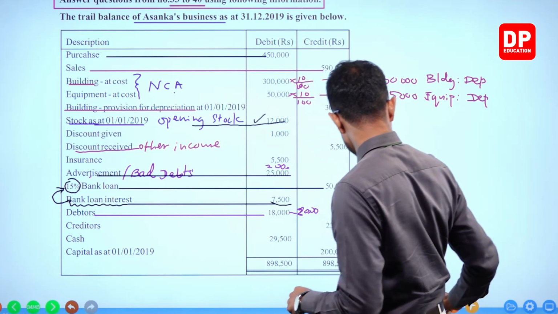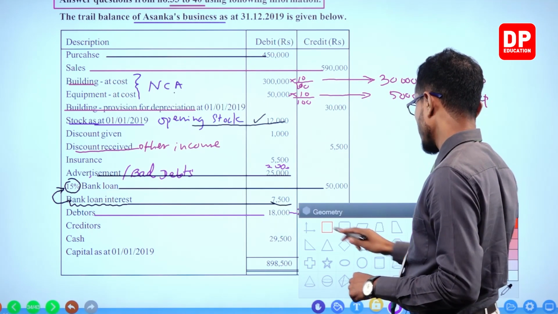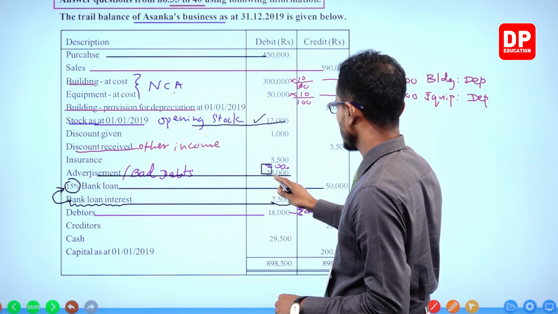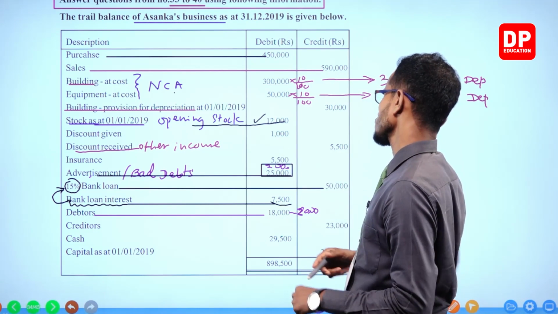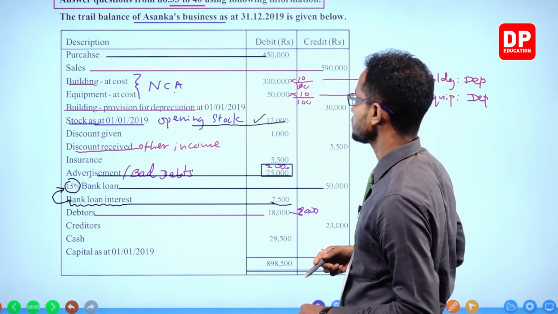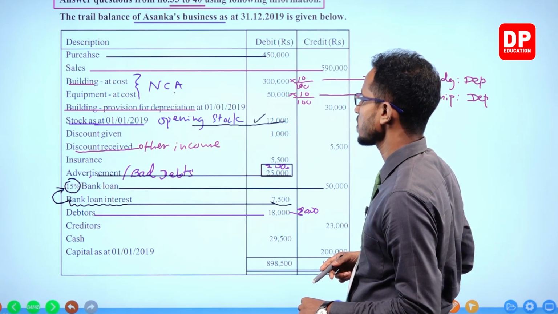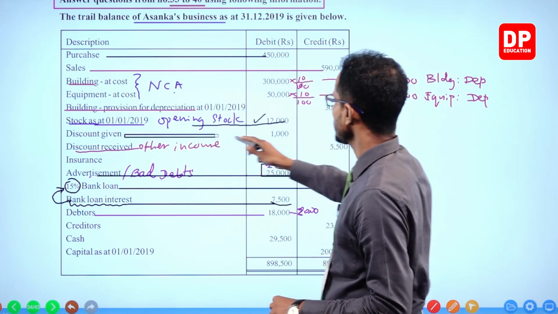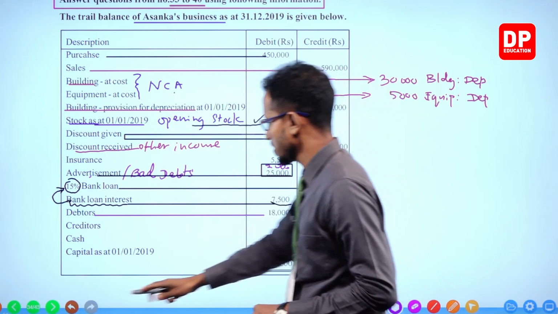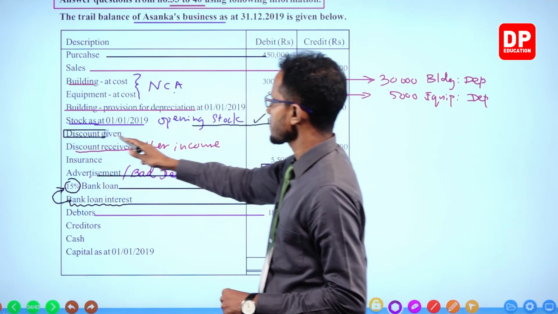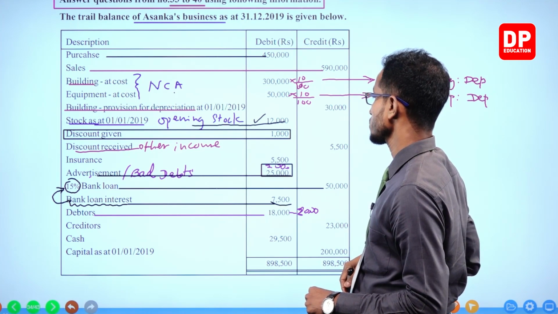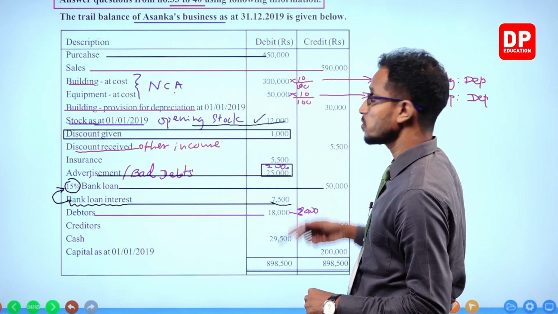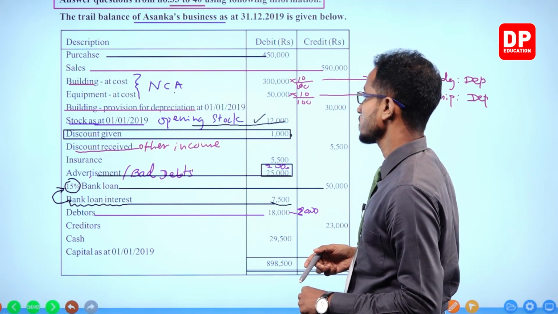So these two should be added. Which two? 25,000 and 2,000. It's 27,000. And this one we already marked in that slide, discounts given 1,000. So 25 plus 2, 27, plus 1, 28.